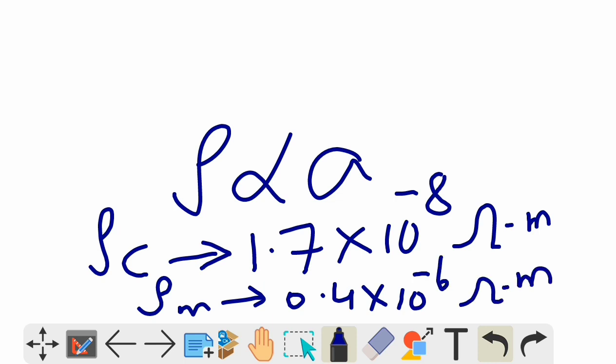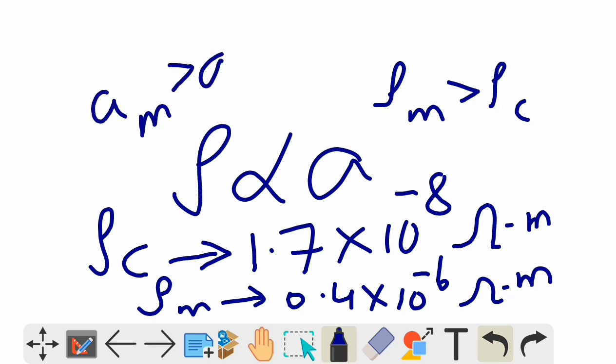So this is a micro ohm meter. Now when you compare these two, rho M is greater than rho C, isn't it? Generally we know alloys will have more resistivity than the conductors. Yes or no? Then with this how can you say about areas? AM must be greater than AC.